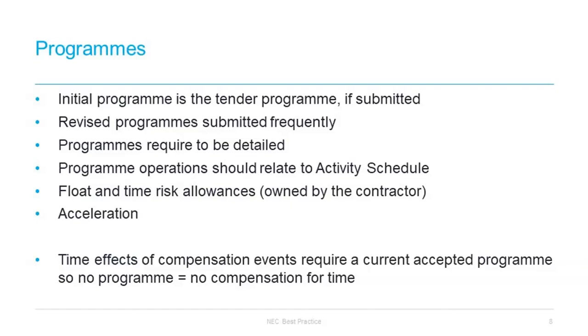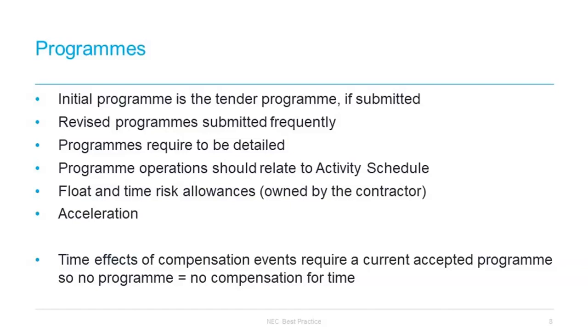Now, the biggest issue that we see with programmes and time when it comes to compensation events is the intertwining of different delay events. So, the more frequently you can update your programme and the more accurate it is, even if it has been rejected, then the more likely you are able to pinpoint a particular compensation event, because month by month you, as a contractor, have recorded any of your own delays or shown faster progress, and then you're going to be measuring your compensation events against that actual progress.